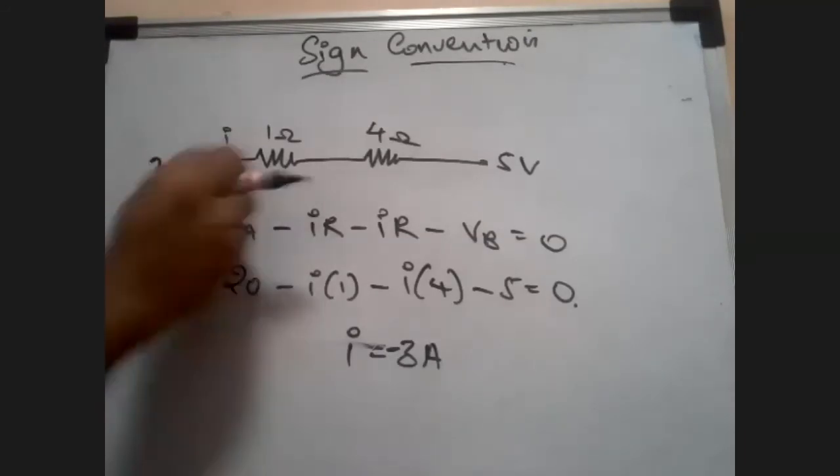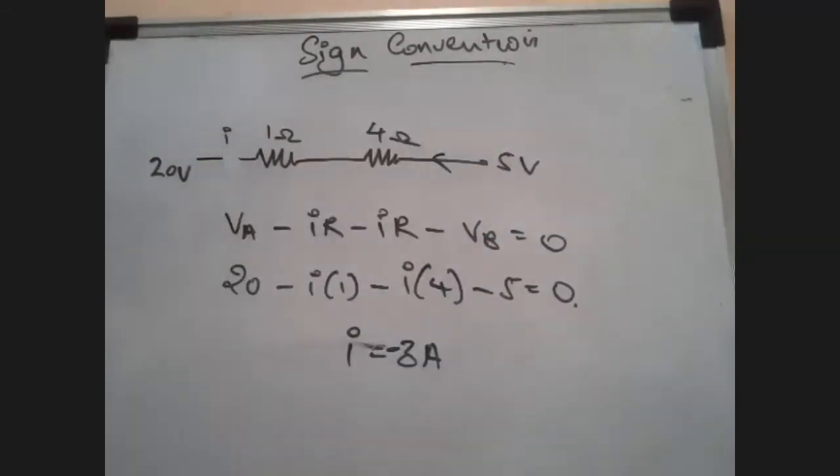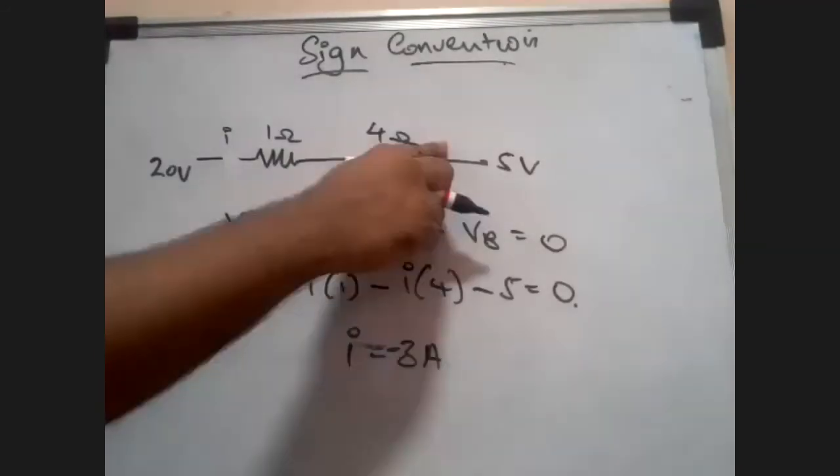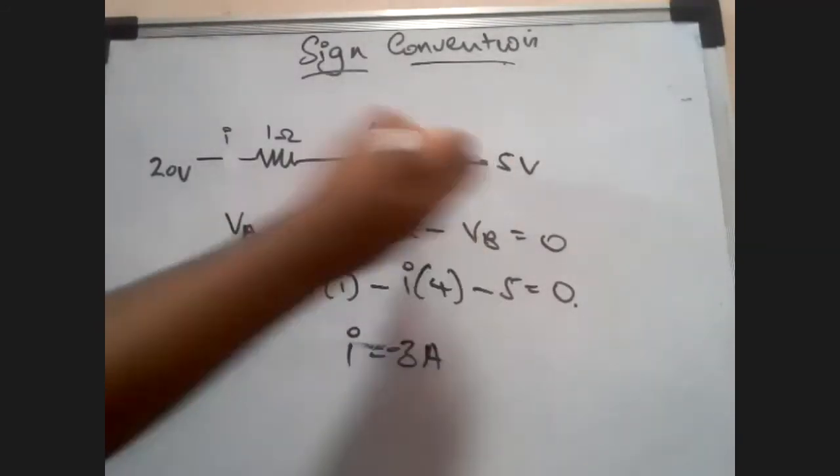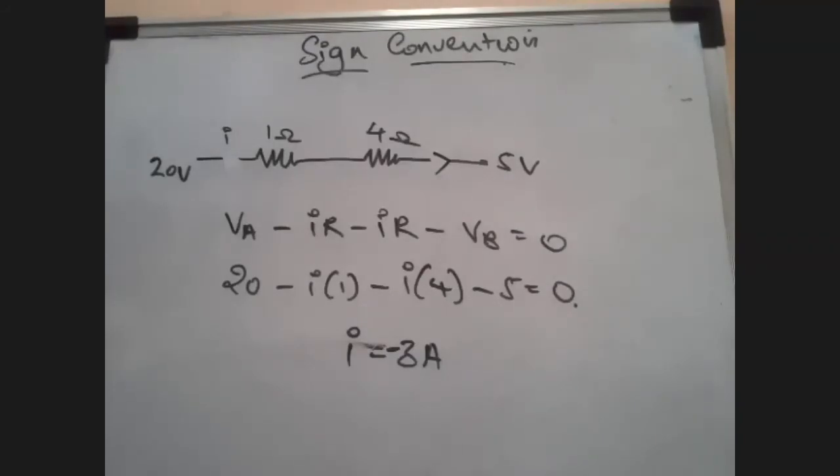Someone must have taken the current to be like this, so that is not going to be wrong. If it is negative, make it positive. Understand the direction will be like this. Everyone clear now? So you don't need to worry about the direction, whether it's negative or positive. That much you remember.